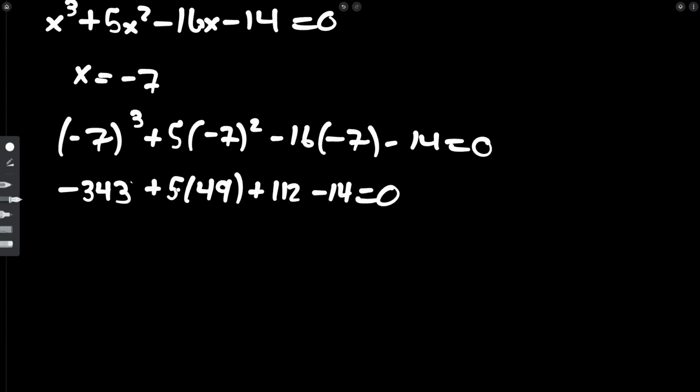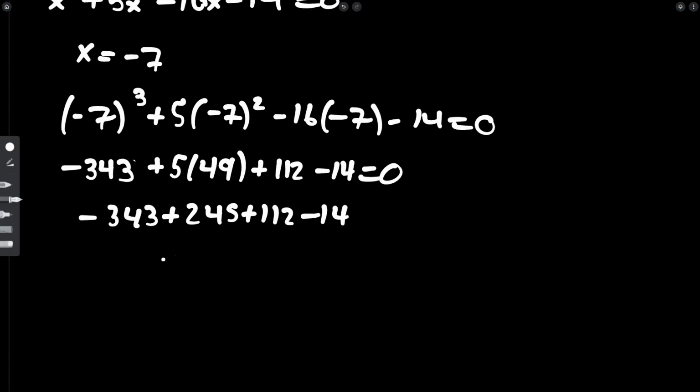So here, 5 times 49 is 200 plus 45, plus 112 minus 14. And then we just have to add all this up. So we have 245 plus 112. I'll do this one first.